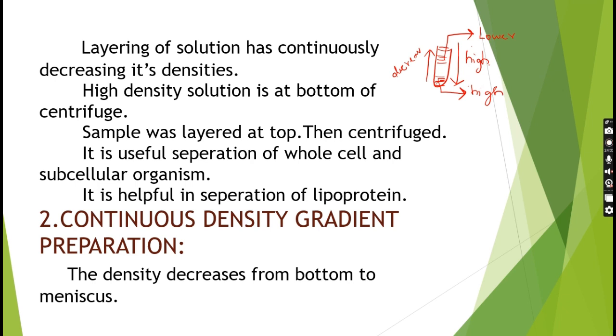Based on its density, these gradients are going to be layered off. The sample layering is going to be made at the top of the gradient, which has lower density.